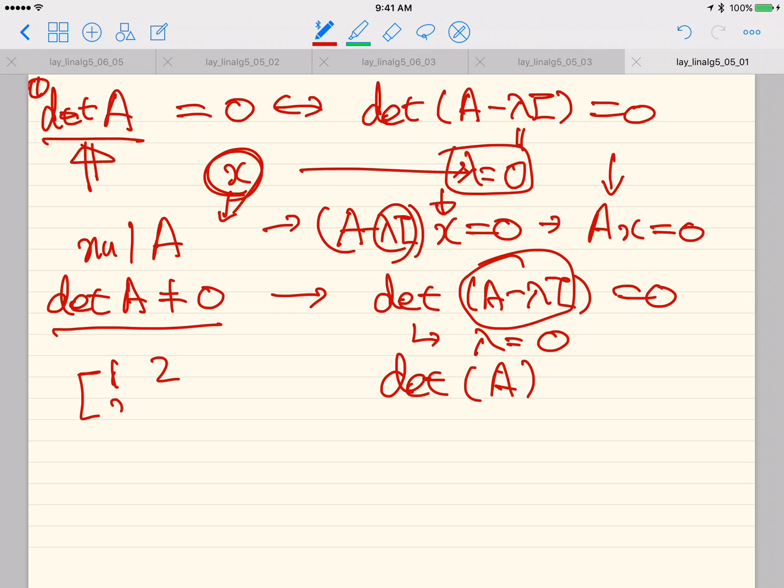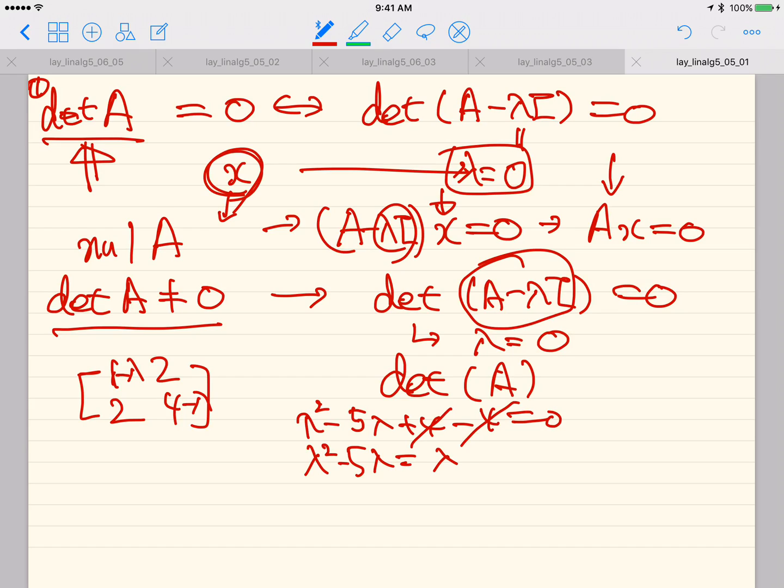So it's like 1, 2, 2, 4. Let's start with the simple example of lambda squared minus 5 lambda plus 4 minus 4. This is your characteristic equation. Lambda squared minus 5 lambda is lambda times lambda minus 5, so it is giving us lambda as 0 and 5, right?